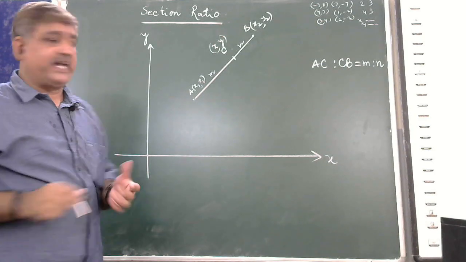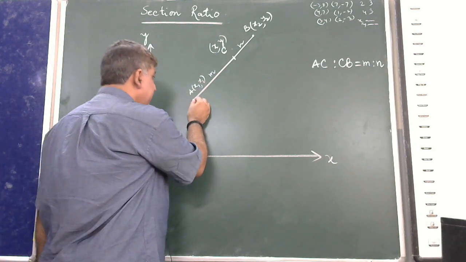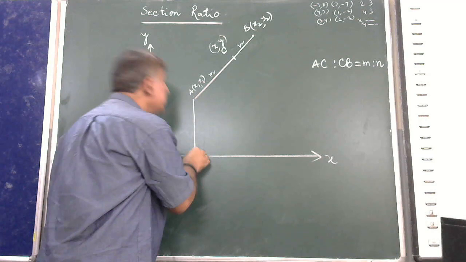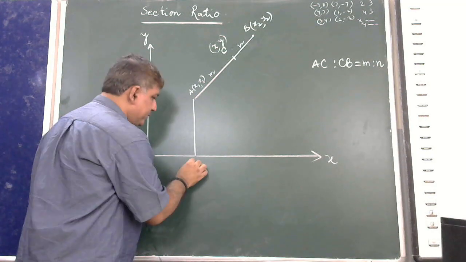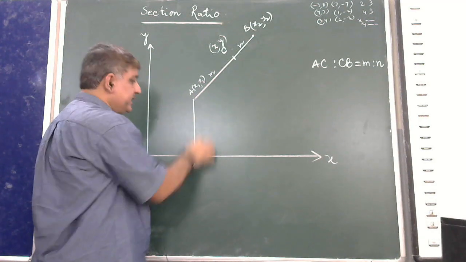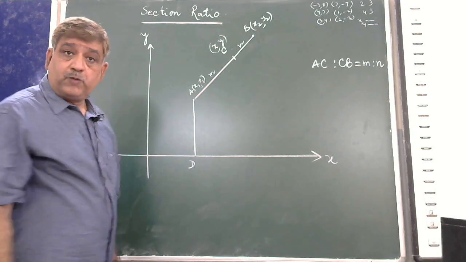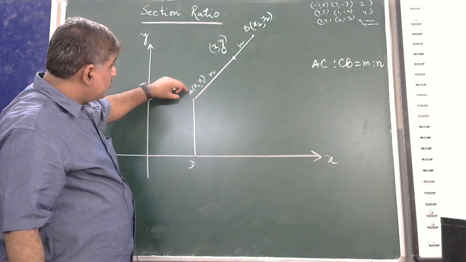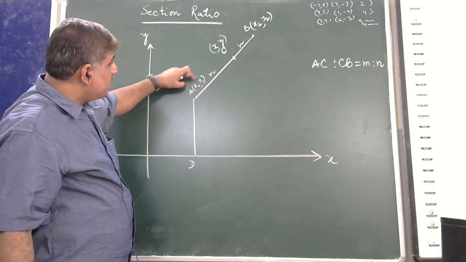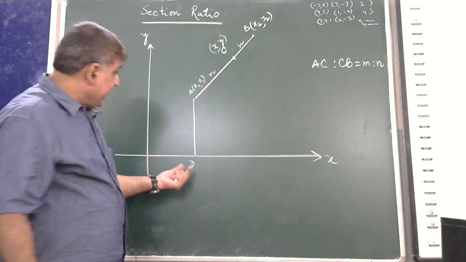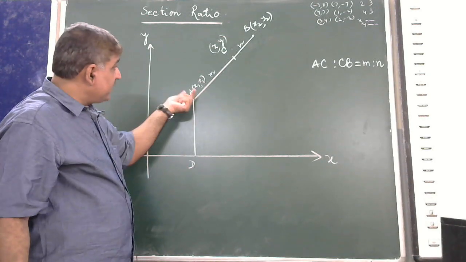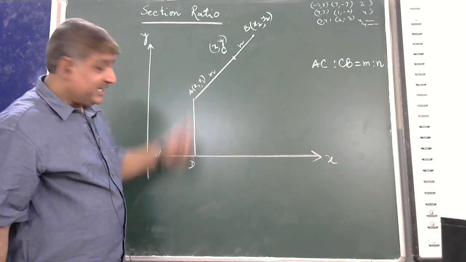To find this value, let us draw a perpendicular from A on the x-axis. You know the coordinates of point A are x1, y1, so the abscissa of this point is x1.